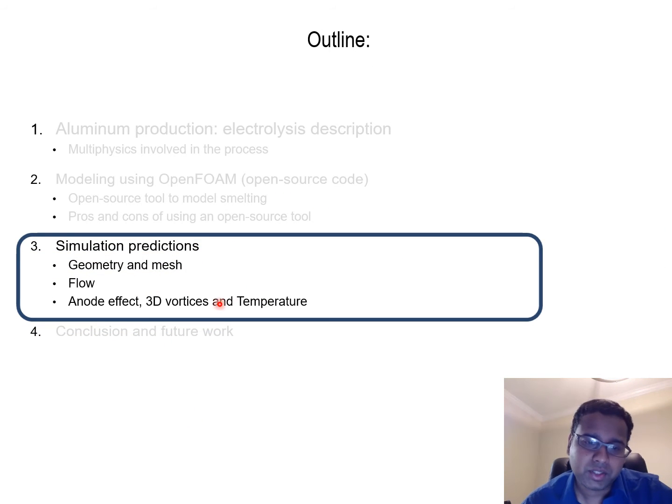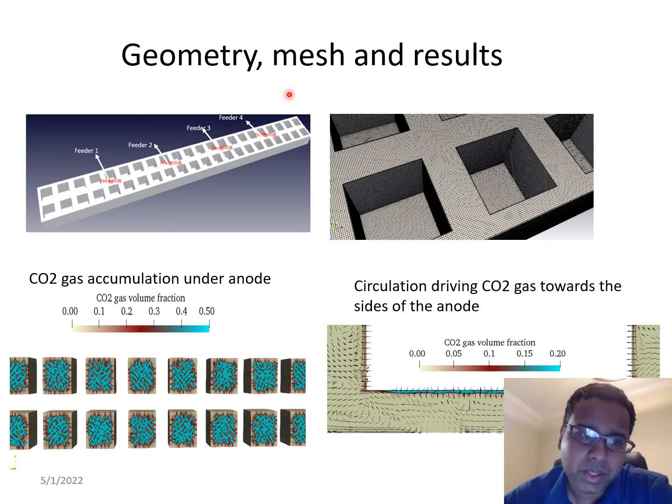Moving on to the simulation predictions. Geometry, mesh and results. The geometry used for this simulation is given here. This is an electrolytic cell with 32 anodes on one row, so in total 64 anodes. And the scale of the geometry is very similar to what is used in an aluminum plant, and these are the feeding arrangements they used.